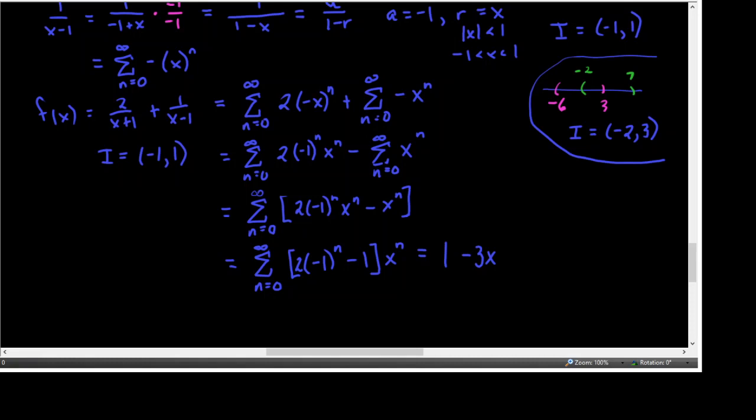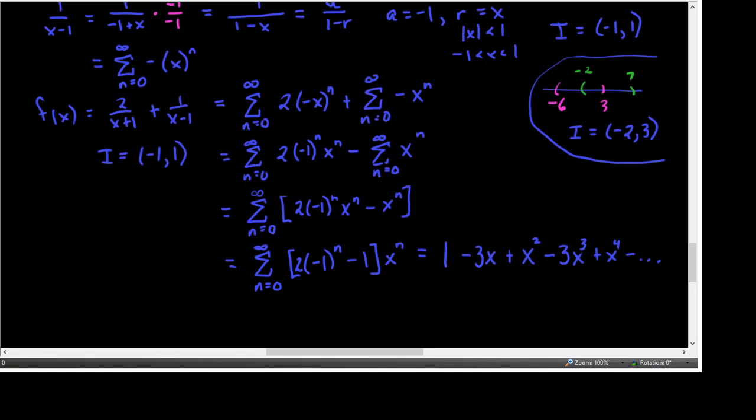Then the next one, put in 2, negative 1 squared is 1, 2 times 1 minus 1 is 1, so positive 1 times x to the 2, so that's x squared. And if you continue, you'll get minus 3x cubed plus x to the fourth minus dot, dot, dot.